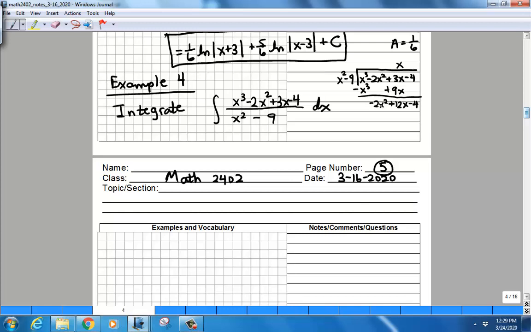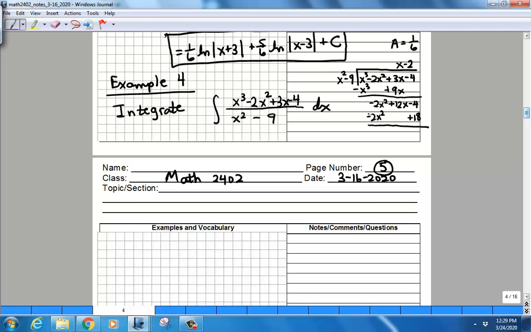Now divide x squared into minus 2x squared, so that gives you minus 2, right? And now, again, multiply back through. So minus 2 times x squared is minus 2x squared, and minus 2 times minus 9 is plus 18. So be sure now you write the 18 beneath the minus 4, because those are constants.